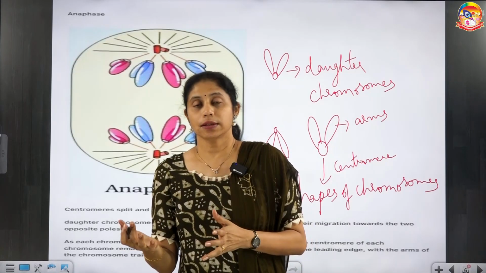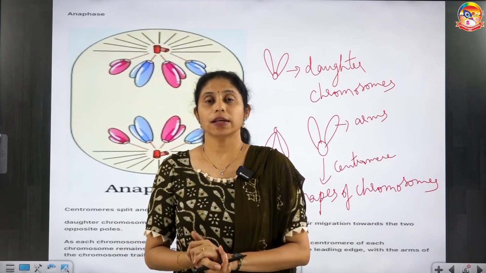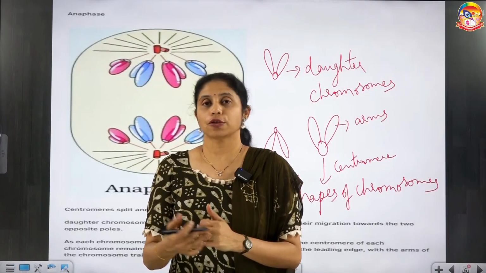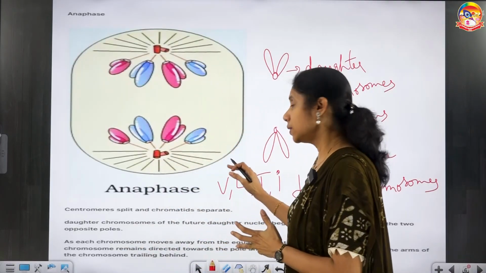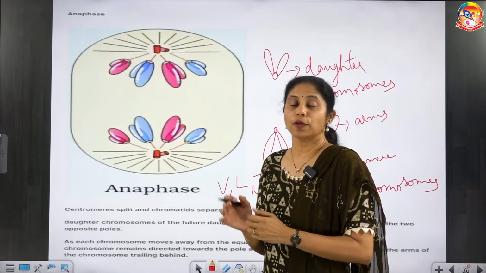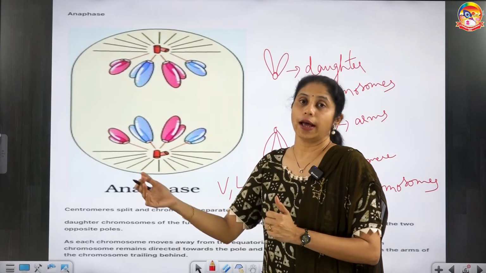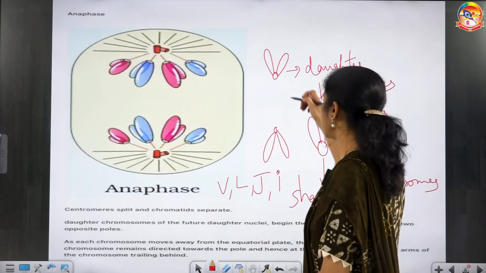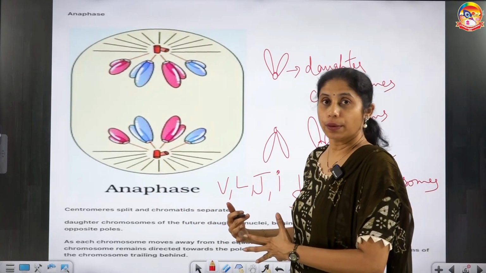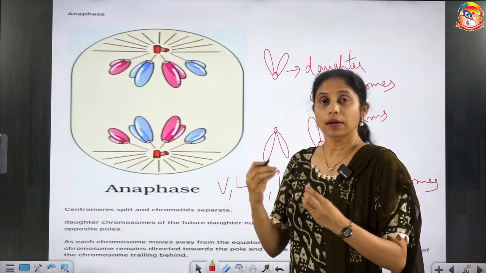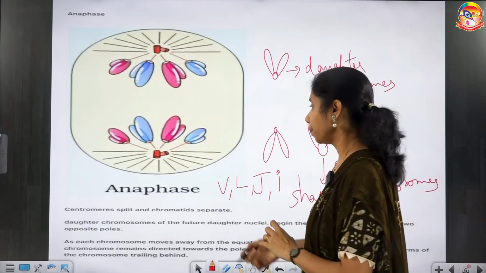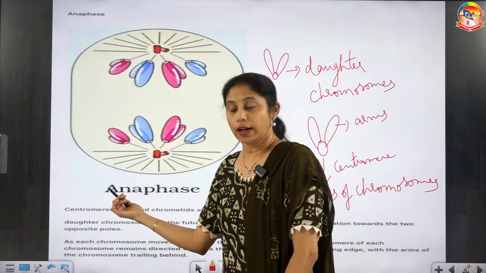Metaphase is the phase where we can study the morphology, or structure, of the chromosome. Anaphase is the phase where we can see the shapes of the chromosomes like V, L, J, I when the daughter chromosomes are moving towards the opposite poles.